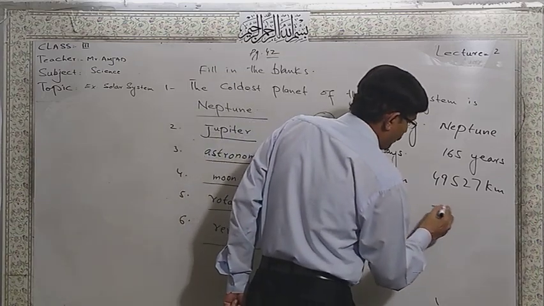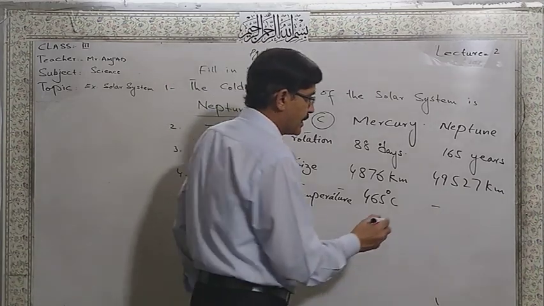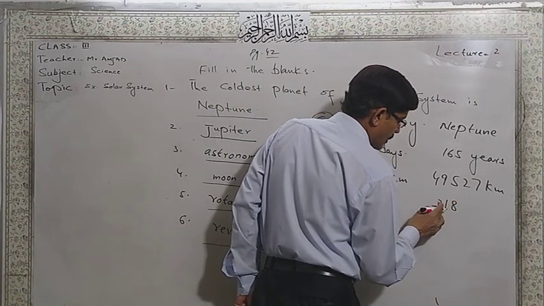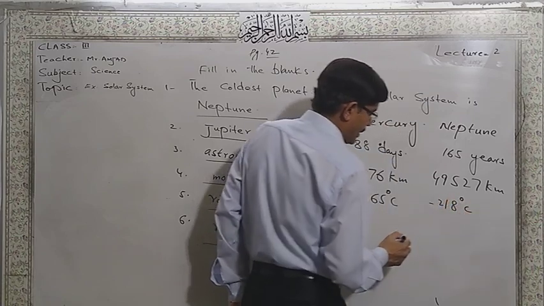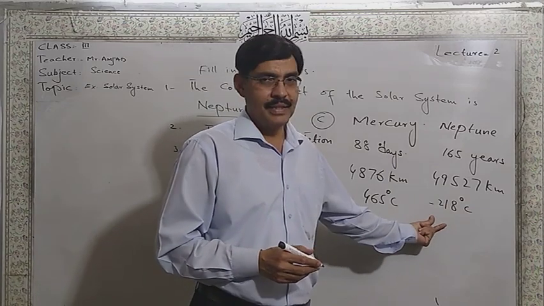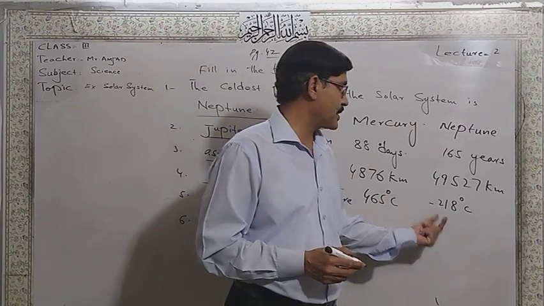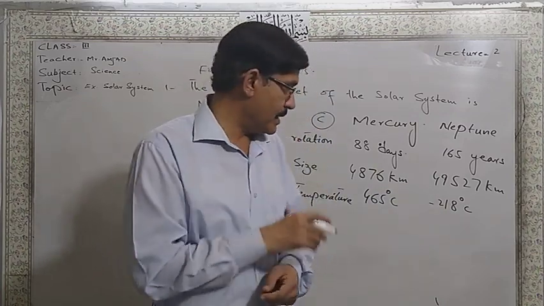And Neptune, minus 218 degrees Celsius. This is the temperature. That's why Neptune is considered to be the coldest planet in our solar system.